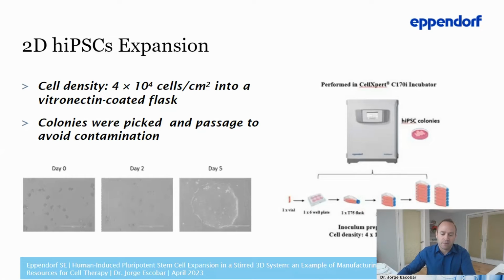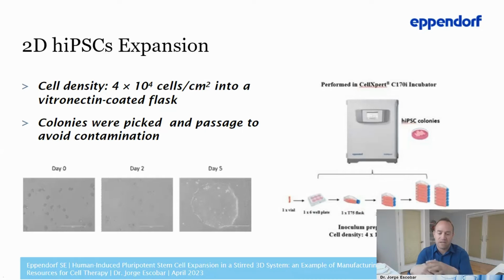This colony picking process continued until enough iPSCs had been collected, and then the iPSCs were seeded in a vitronectin-coated T75 flask and incubated at 37 degrees Celsius with 5% CO2 in the same incubator.